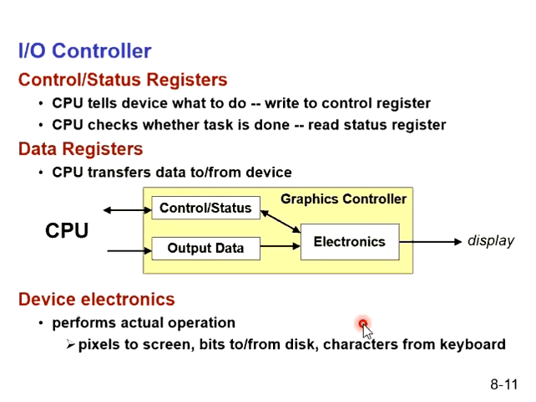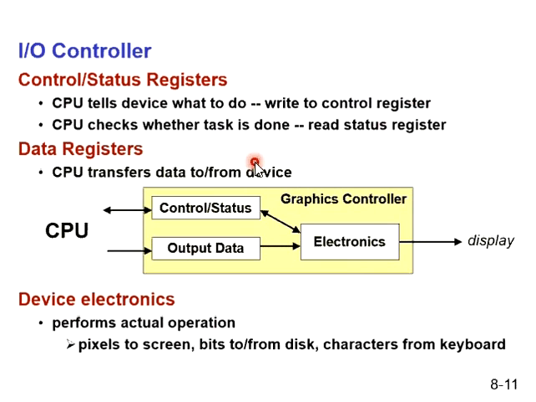Besides them, we have the input-output controller. In this controller, we have the control register over here. When we say control, that means the CPU tells the device what to do. That means the CPU can write some bits to the control register.